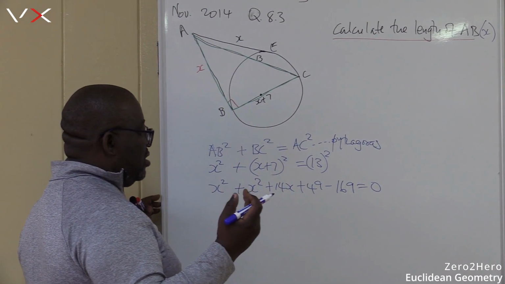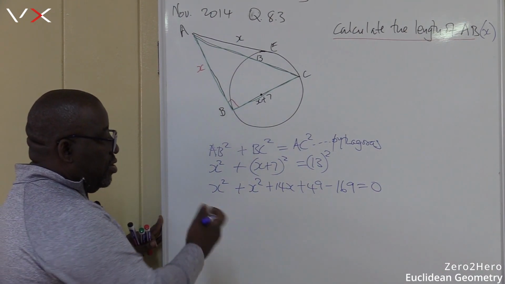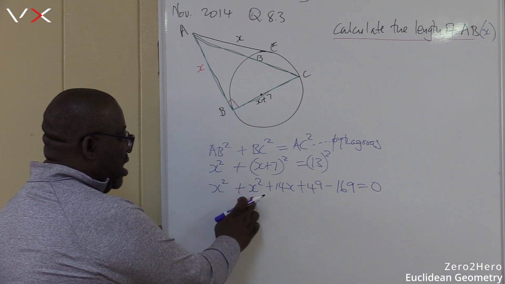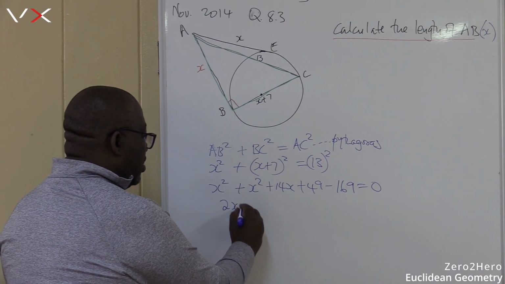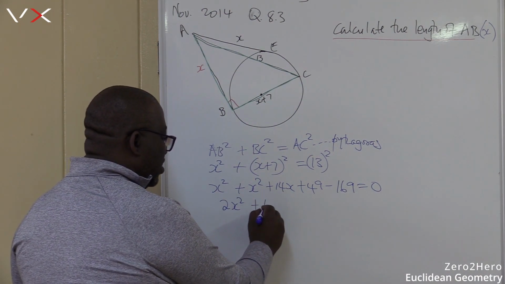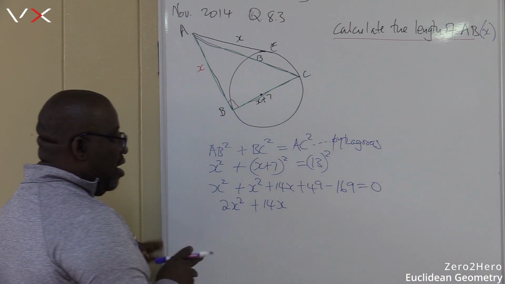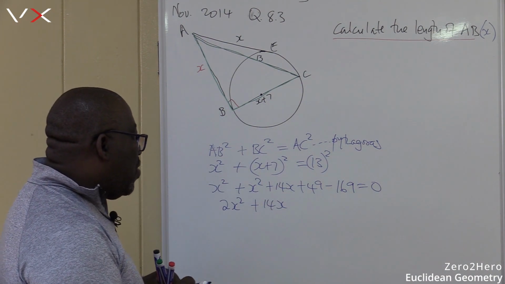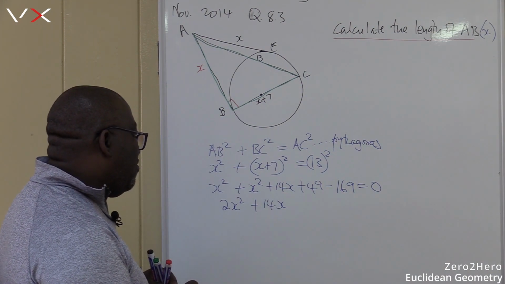Let's look at like terms. What is x squared plus x squared? It is 2x squared. What else do I have? I have 14x, so it's plus 14x. What is 49 minus 169?